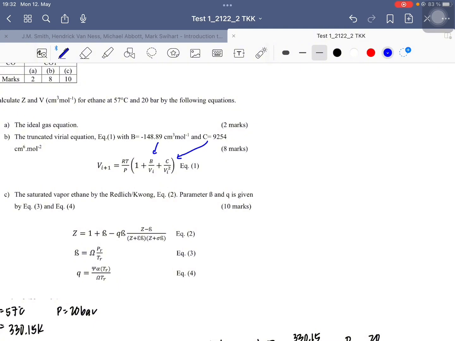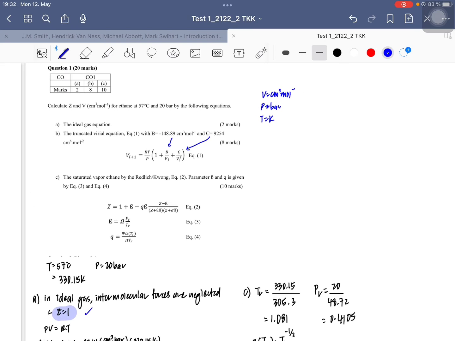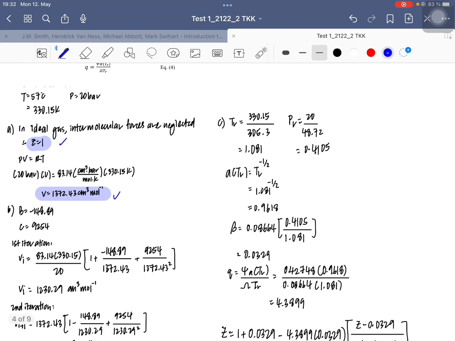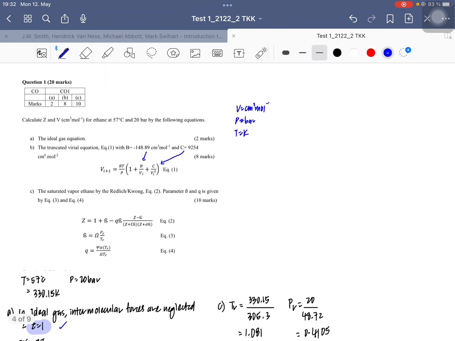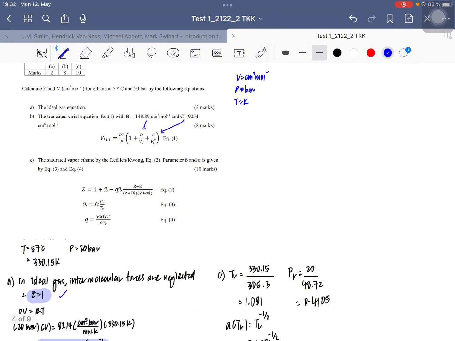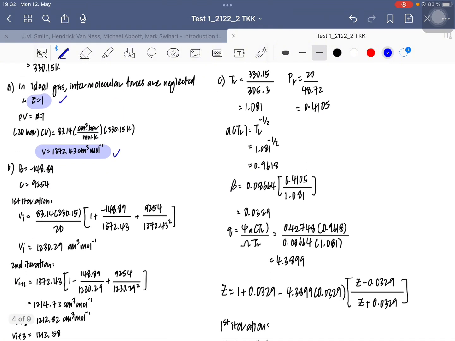Here, V is in cm cubed per mole, P is in bar and T is in K. So for the gas constant, you have to find the value that correlates with the units used in this question. I think that's the only important part you have to pay attention to for the truncated virial equation.